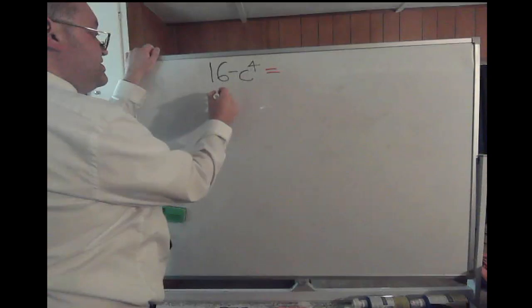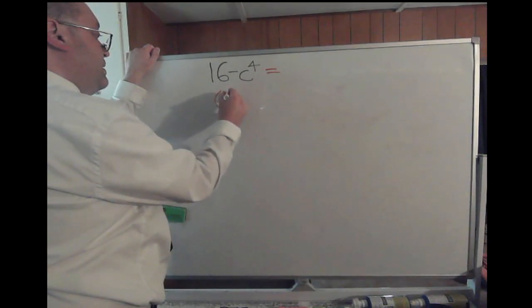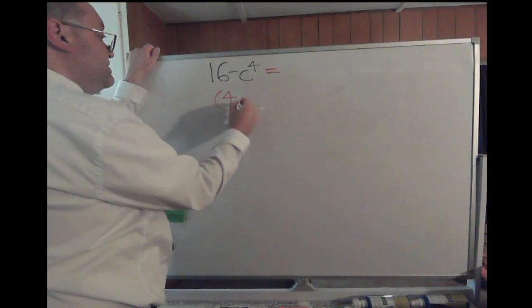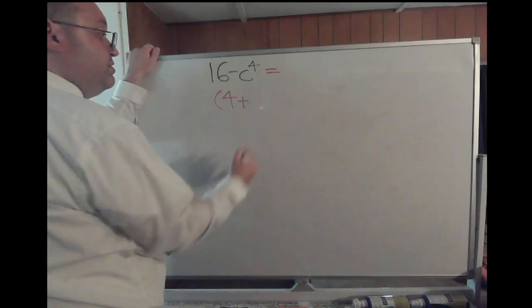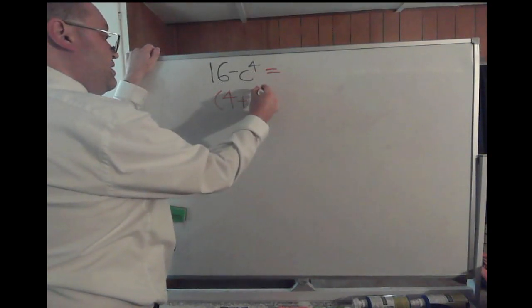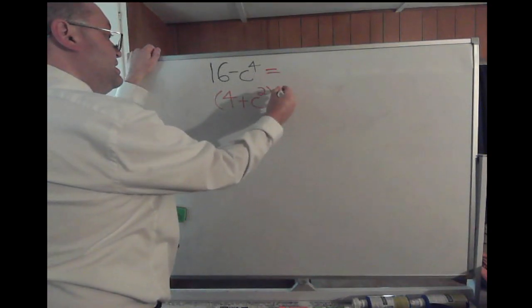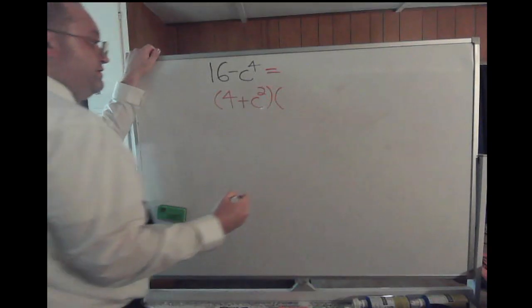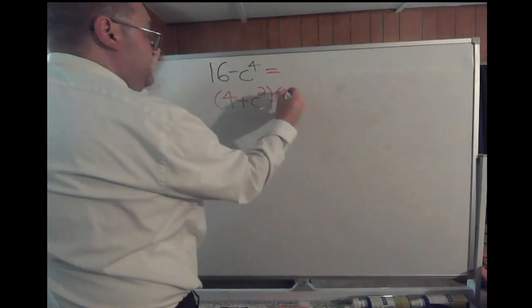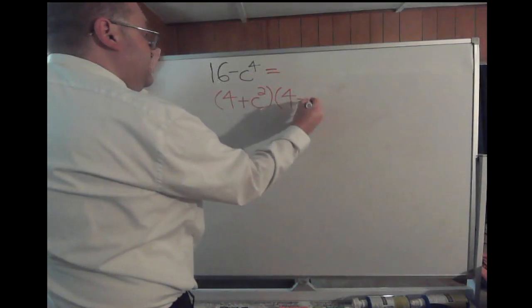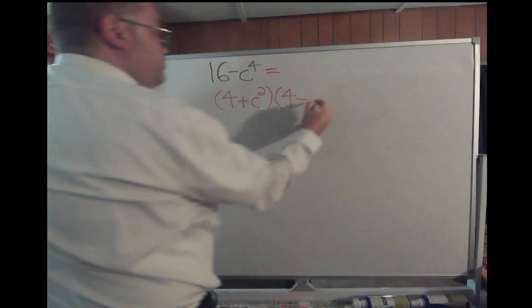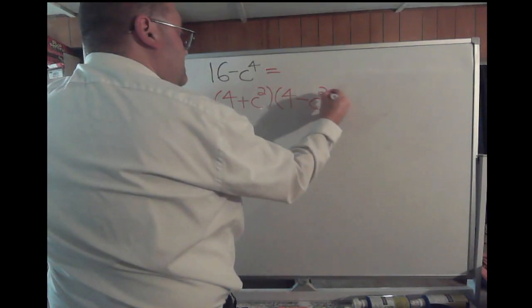So the square root of 16, that's going to be 4, plus the square root of c to the fourth, well, that would be c squared, times the quantity of the square root of 16, which is 4, minus the square root of c to the fourth, which would be c to the second.